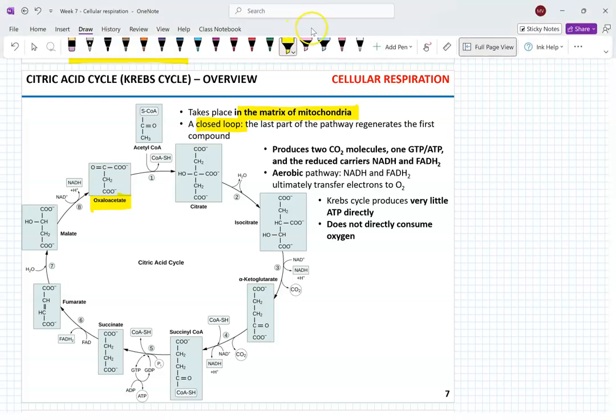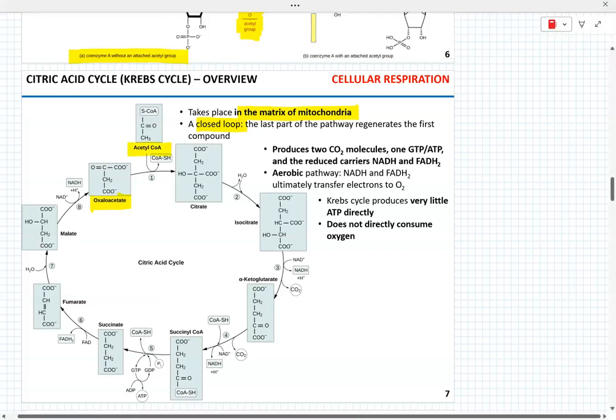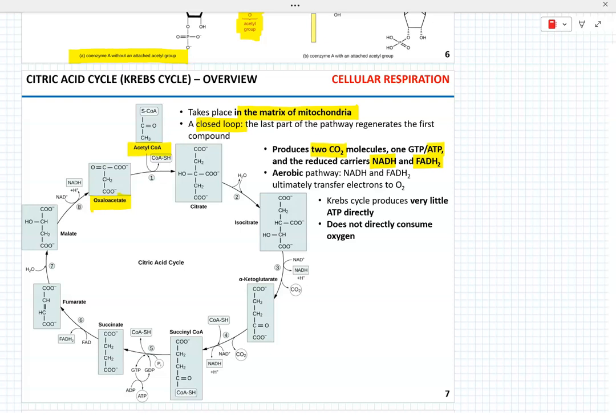Per molecule of pyruvate, per molecule of acetyl-CoA, Krebs cycle generates 2 carbon dioxide molecules, 1 molecule of ATP, 3 molecules of NADH, and 1 molecule of FADH2, essentially more electron carriers loaded with high energy electrons.